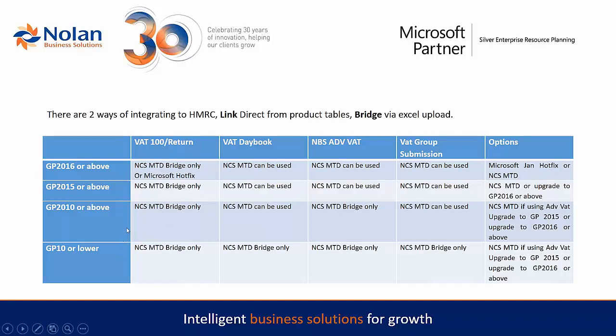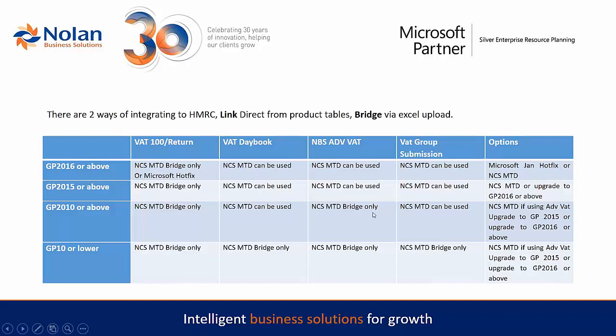So as you can see, if I was on 2010 or above, I can use Nolan's cloud services, and if I'm using the VAT return, well, actually I can only use the bridging method because our link code runs off the daybook. But if I'm using the VAT daybook, fine, I can use both. I can use all of that.